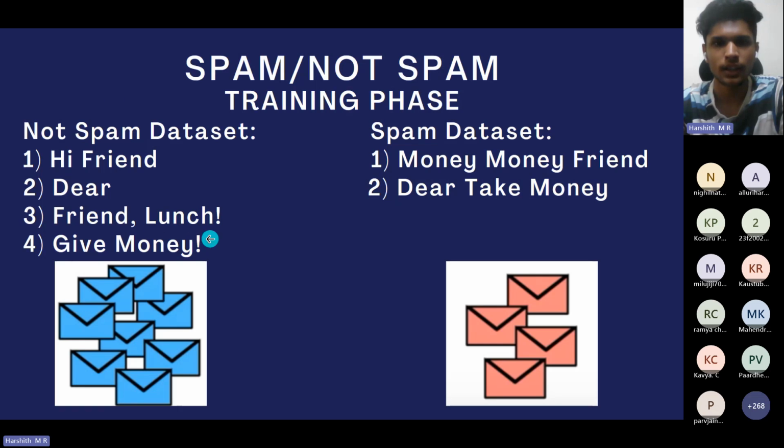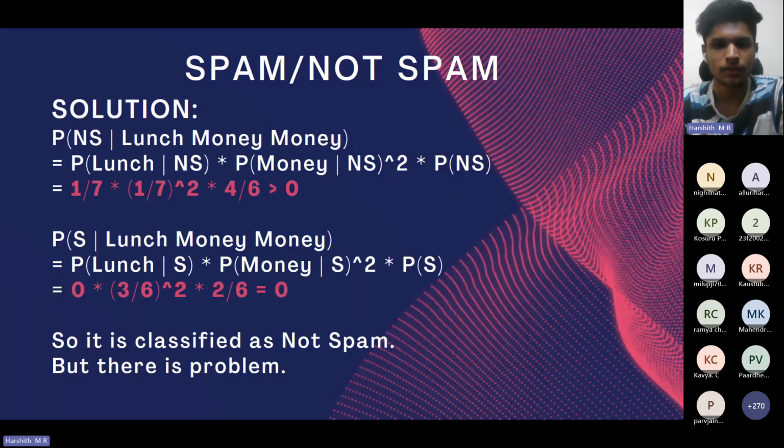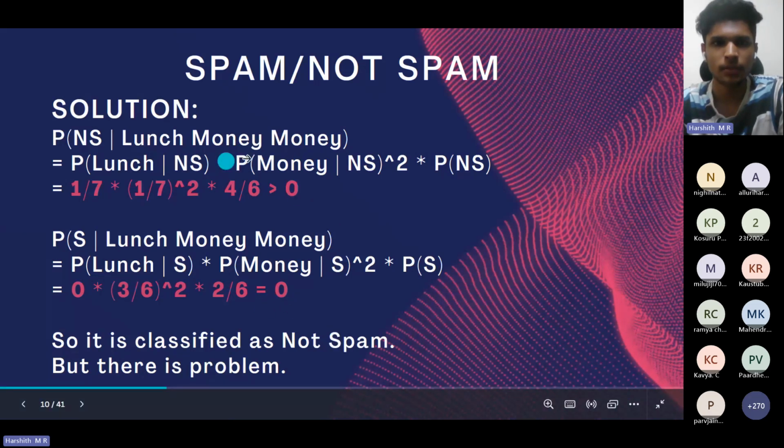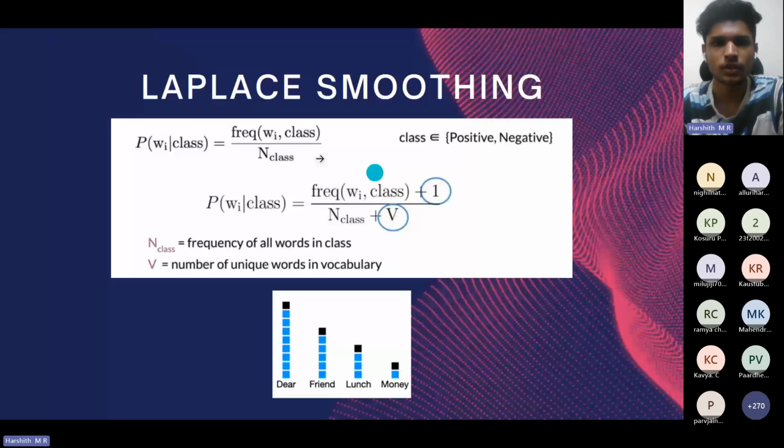Since the vocabulary contains lunch, as you can see in the not spam dataset, lunch frequency of 1 would be taken and it would be divided by the number of words in the spam dataset. So when you calculate the final probability, this won't turn out to be 0, and in turn this would be greater than this probability. So this time lunch money, which seems to be a spam message, would be correctly classified as spam. So that is how Laplace smoothing is used in multinomial naive Bayes to get the correct output.